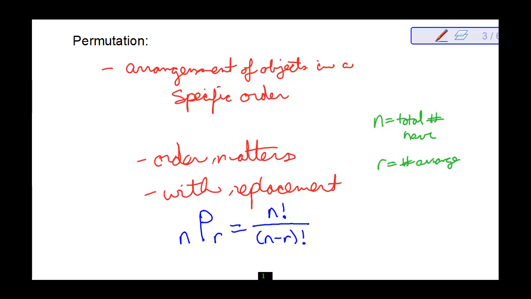So your n is always going to be equal to or larger than your r. You can never have an r that's larger than your n, so be careful about that.